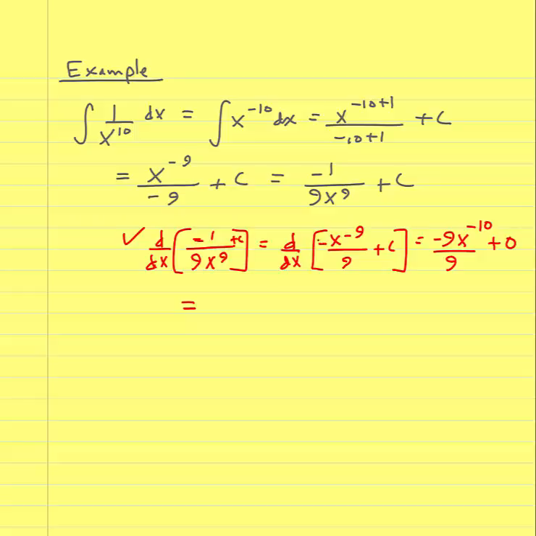So this negative sign drags here. And so when I bring the negative 9 down, it becomes a positive 9 because I already have a negative there. The 9's cancel, and I'm left just with x to the negative 10, which is 1 over x to the 10th. And this checks because this is my integrand back.